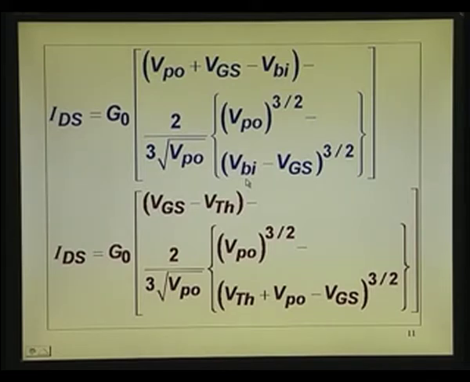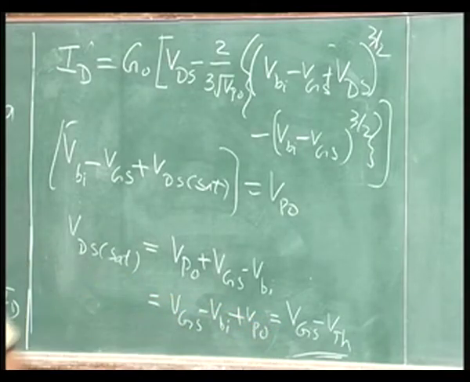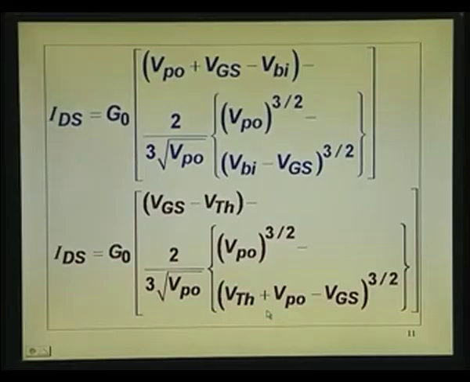So, that is why we rewrite VBI as V threshold plus Vp0. VBI minus Vp0 is V threshold, so that is why we are able to write VBI is equal to V threshold plus Vp0. That is all we did. So, we have now got everything in terms of Vp0, VGS and V threshold. Let us see how it changes.